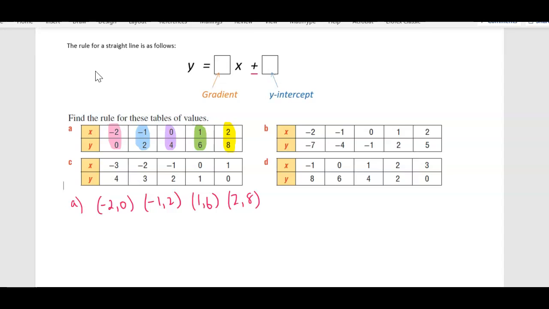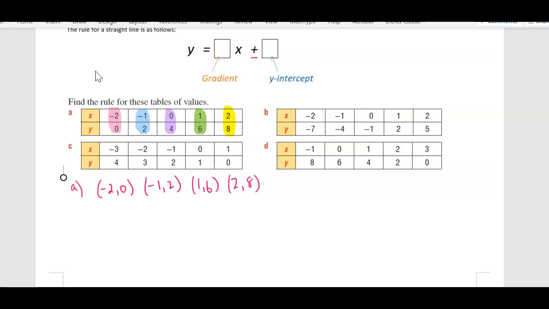We'll be doing a bit of sketching later, but these will all form a straight line if I was to sketch them. On your table, you're just reading down like I did there, and -2, 0 is a point, a set of coordinates. Now to work out your gradient, remember your rule has both a gradient and your y-intercept.